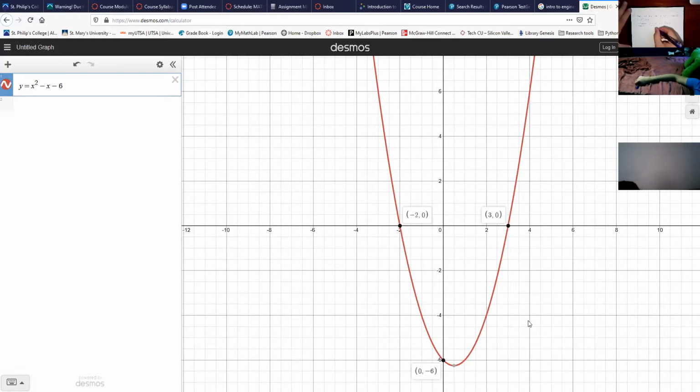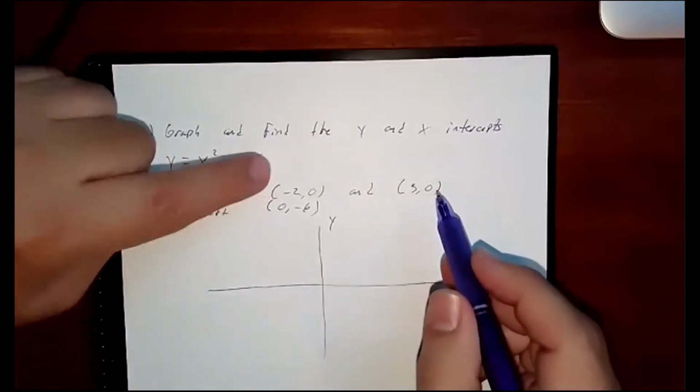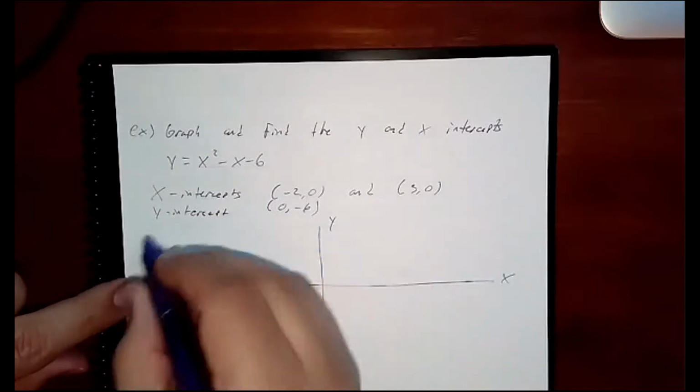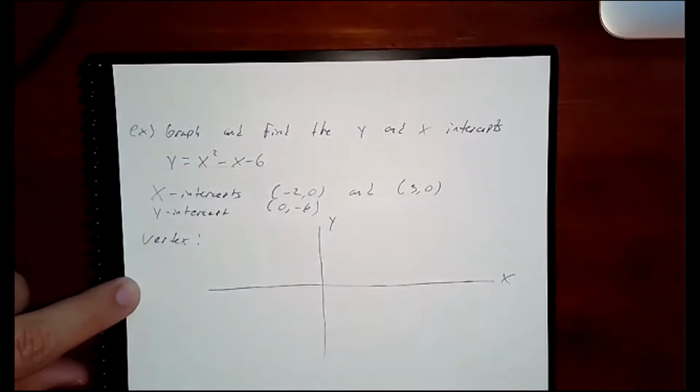So once you have this information, you should be able to do a sketch, right? That's good, especially since we have it there. So just plot the intercepts. You should be good. Vertex would be the last piece that we need. The graph sets it.